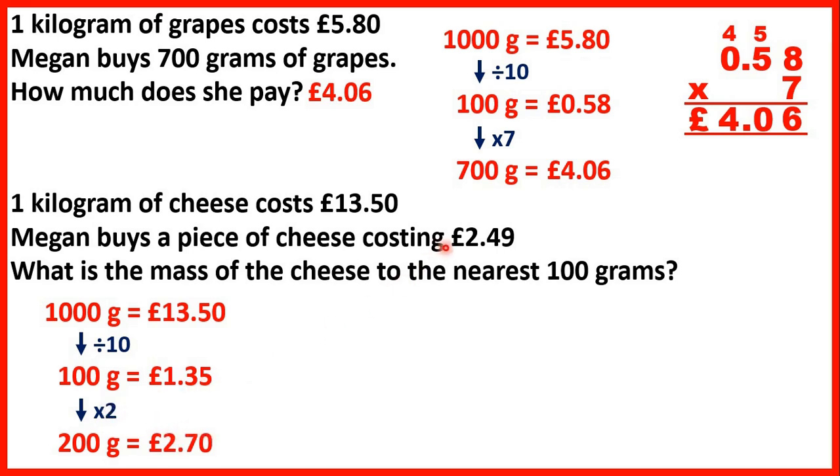So we know that Megan's piece of cheese must be between 100 and 200 grams, but we want the mass to the nearest 100 grams. So because £2.49 is closer to £2.70 than it is to £1.35, we know that to the nearest 100 grams, the mass of the piece of cheese must be 200 grams.